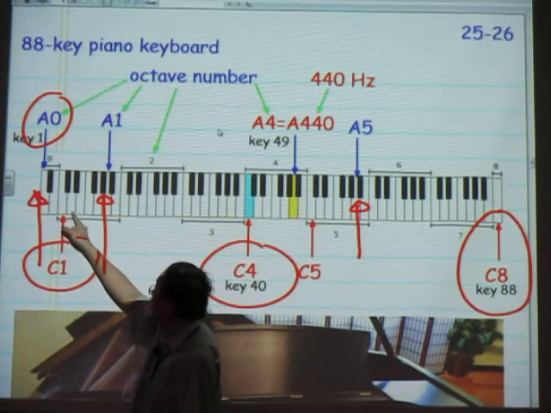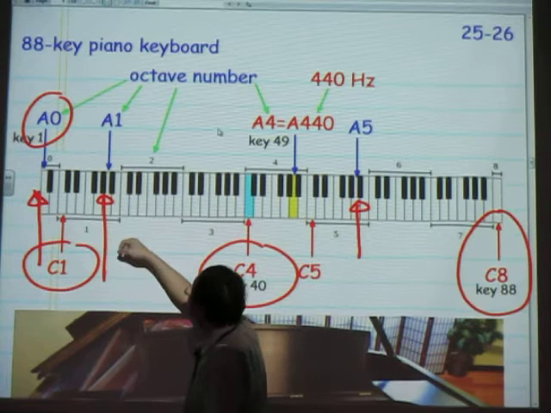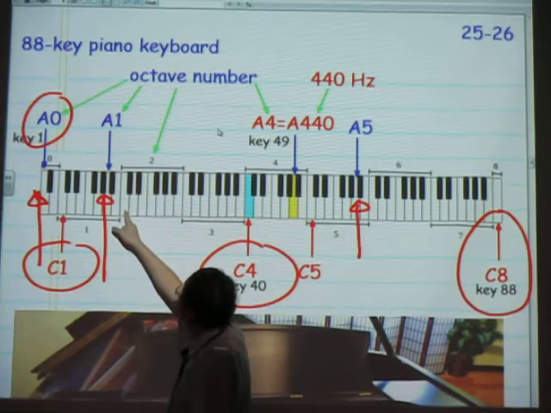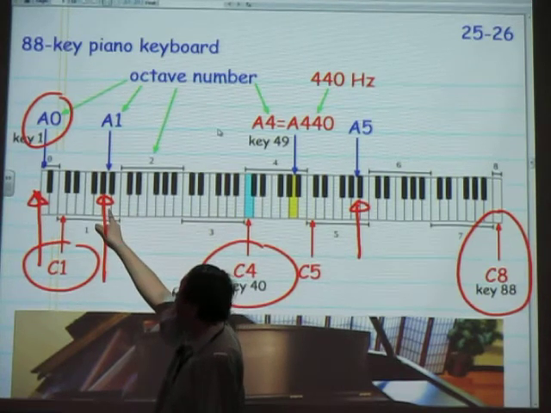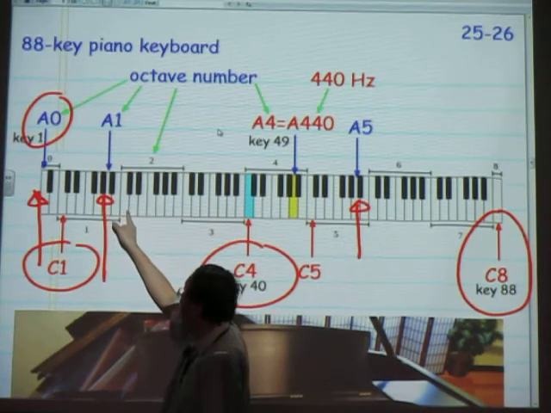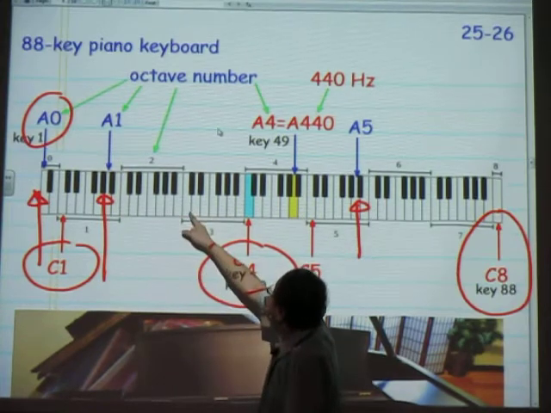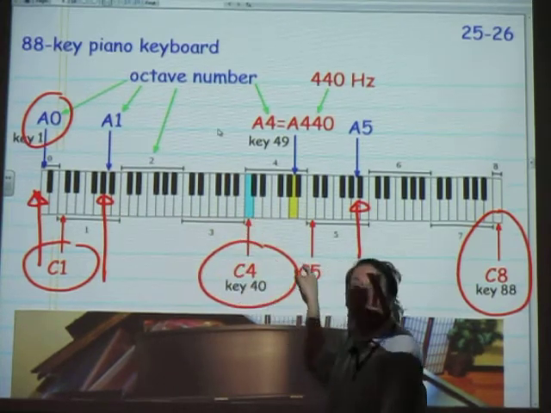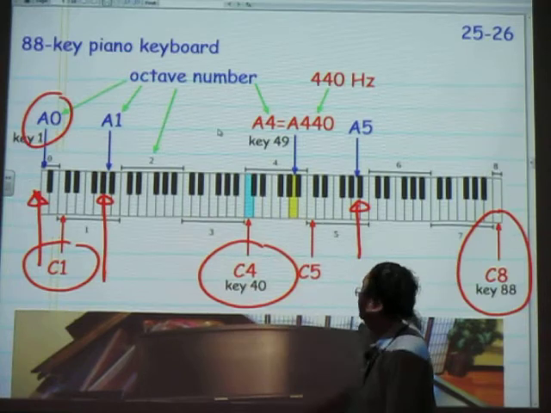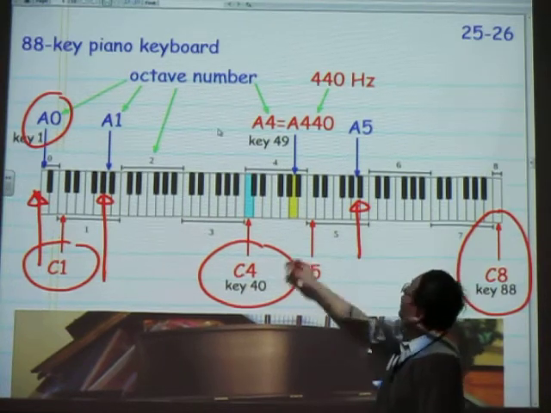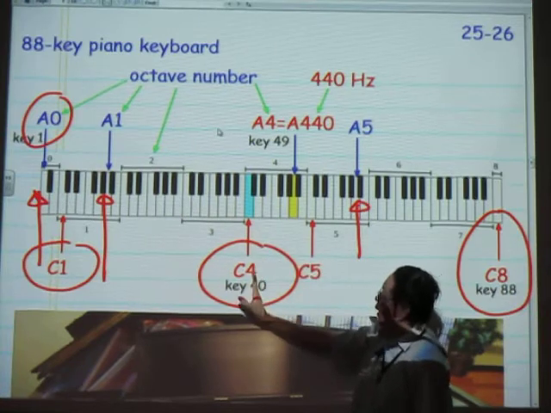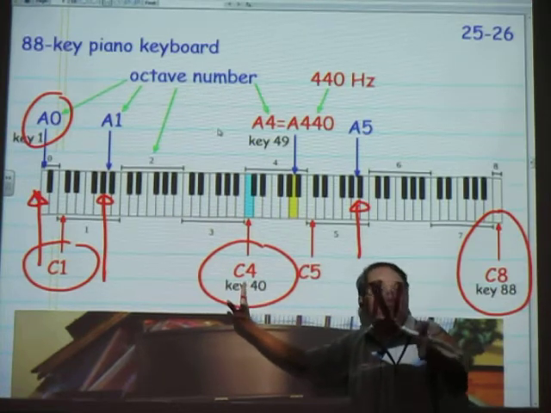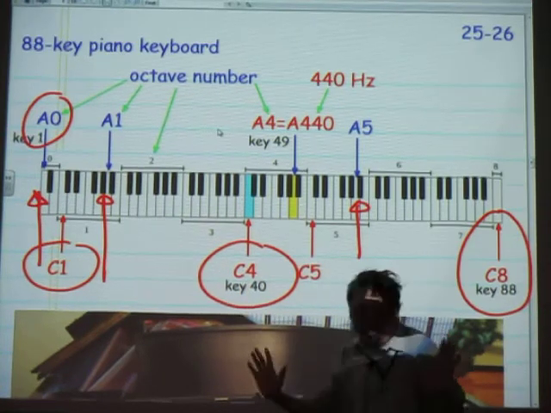And then you have D1, E1, until you have C2. This is note C2, whereas A1 is over here, so A, B, C. This is C2, C3, and C4. This is called the middle C, a very important key on the piano. And then you have A4, right? So an octave always starts with a C note, for whatever reason.